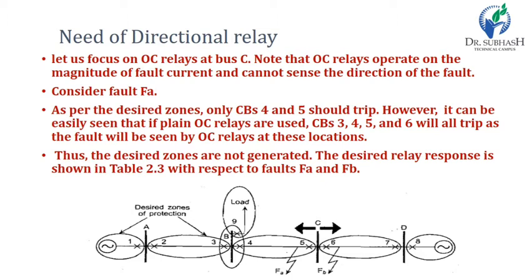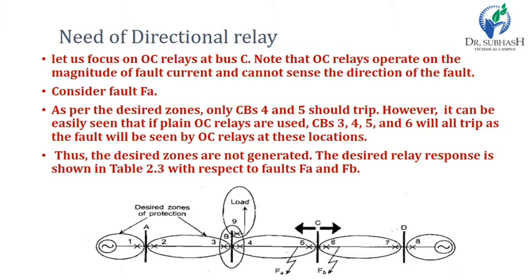After that, number 5 will see the current in both directions and it will not trip, because it sees the current flow as a normal healthy condition, but it is a faulty condition.